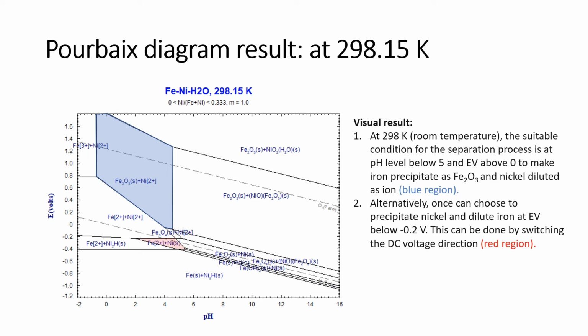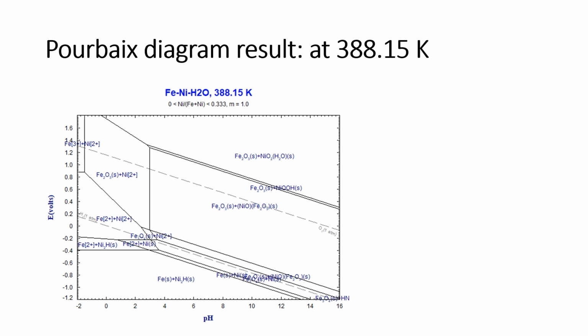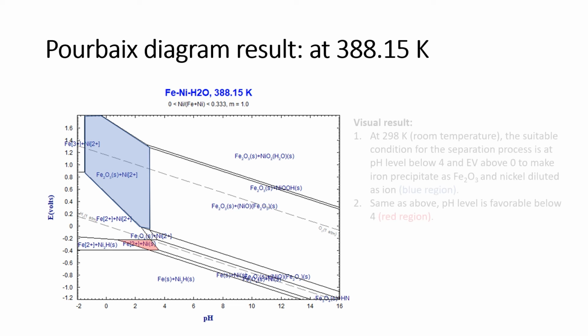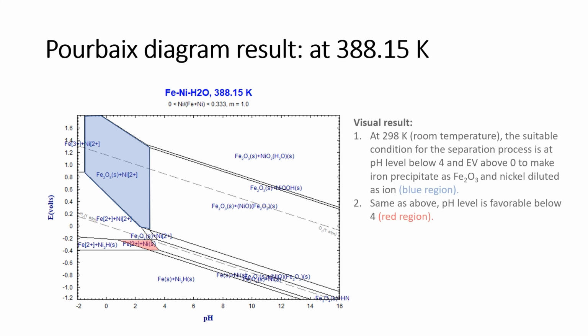In the next slide, I will be using higher temperature at 388 Kelvin, and as you can see here, the tendency is that you will have smaller blue and red gradient here. So what we can see in this case is that by increasing the temperature, we have smaller stable separation region.